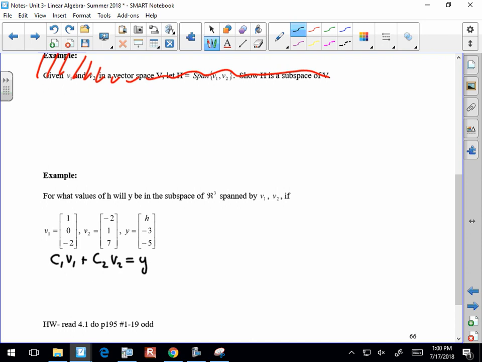One of the three things that we do in this course: some kind of operation, whether it's addition, matrix multiplication, reduced row echelon form, or determinant.